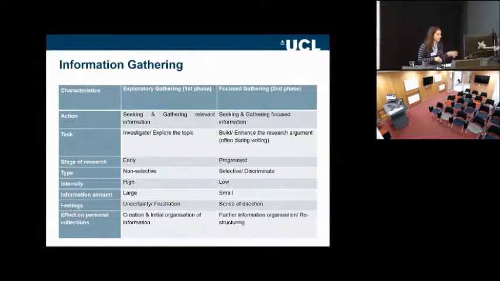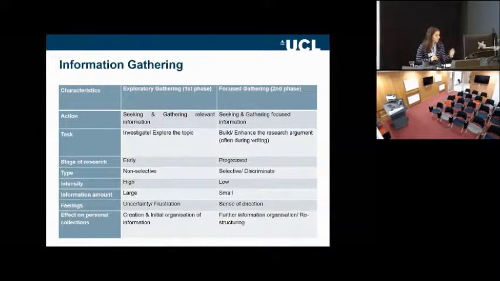For identifying the different patterns of art historians' behavior, we used different information behavior models. This one is principally based on Kuhlthau's information search model, which has different stages: initiation, selection, exploration, formulation, collection, and presentation. And we generally looked for information-seeking models that contain the stage of collection.